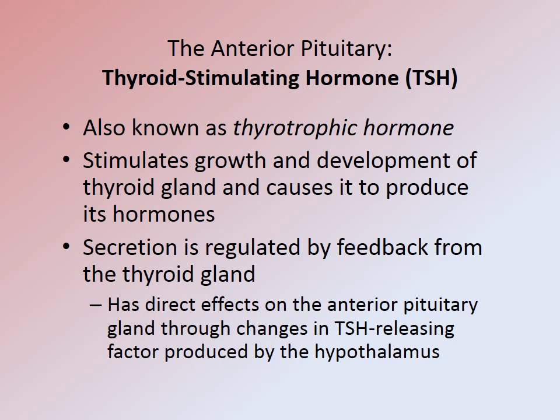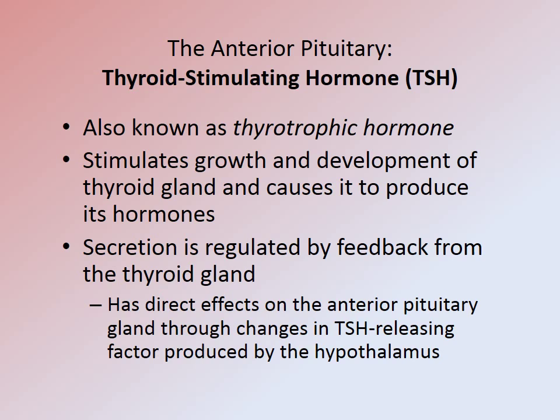So thyroid-stimulating hormone is also known as the thyrotropic hormone. It stimulates growth and development of the thyroid gland and causes it to produce its hormones. So the thyroid gland produces hormones itself, and thanks to the thyroid-stimulating hormone, it can do that. So secretion is regulated by feedback from the thyroid gland, just like that example that I gave you a few slides ago with a healthy dog with a healthy thyroid.